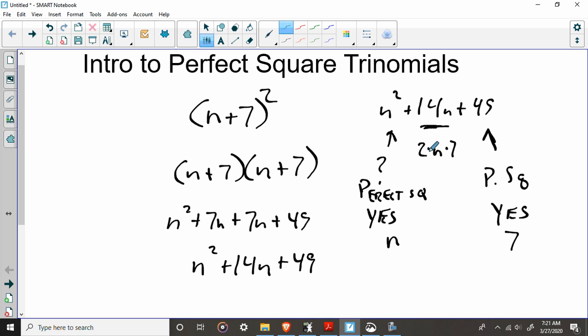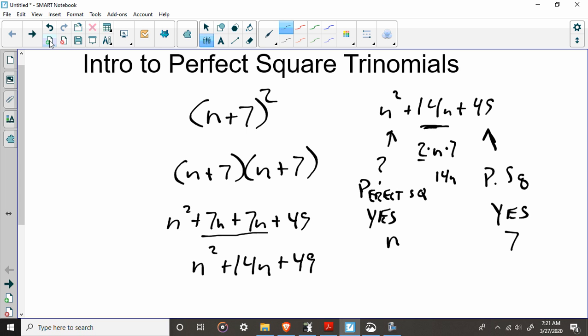Well, yeah, 2 times n times 7, that's 14n, okay? So essentially, if you want to check, we're going to take the square root of this number, take the square root of this number, multiply the results, and multiply by 2. We're multiplying by 2 because we had it added together twice here, okay? So I know it's a little bit confusing, but once you start to recognize the pattern, it really isn't that bad, and identifying this pattern is going to be important for us, okay?